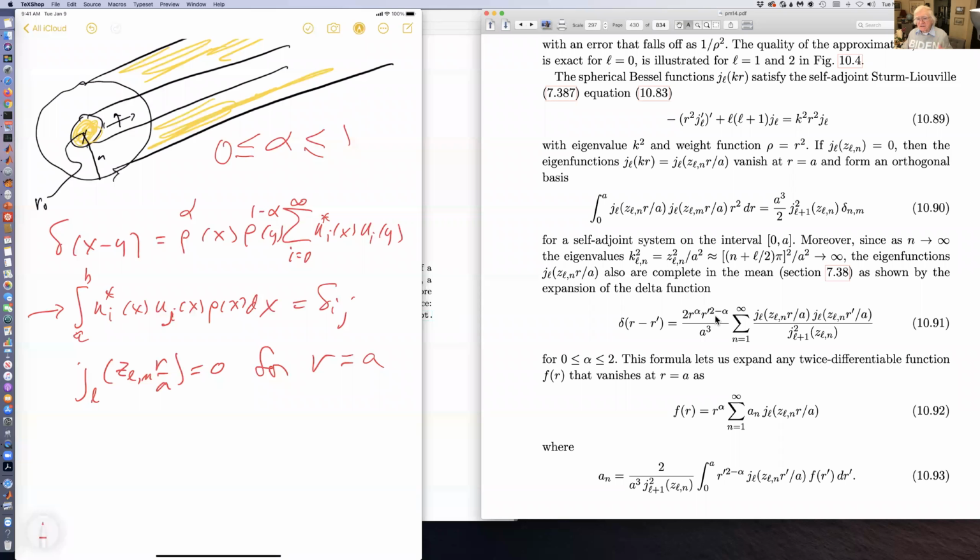And so altogether what we've got here is rho squared, which is r squared. I mean, setting r equal to r prime, we've got an r squared, which is rho, r squared. And then the 2 and the a squared are related to the normalization here.